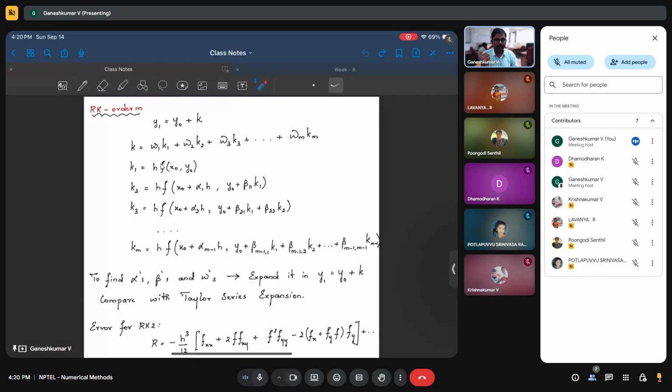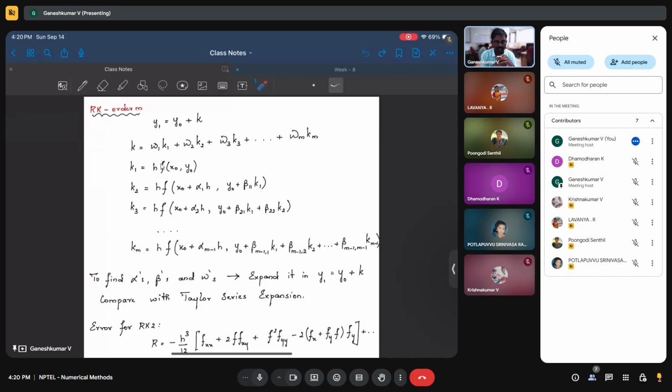Based on these arbitrary constants, you can get a different set of RK methods, and each is valid as long as it satisfies the equation that the Taylor series predicts.